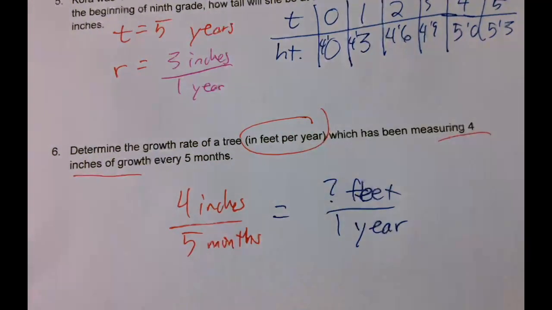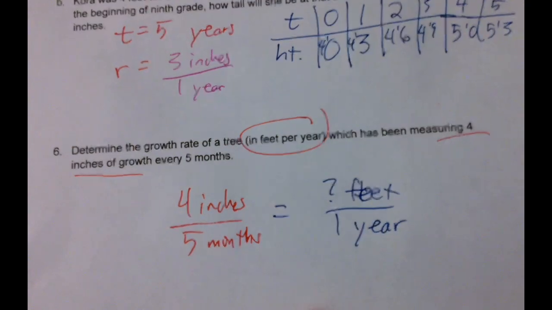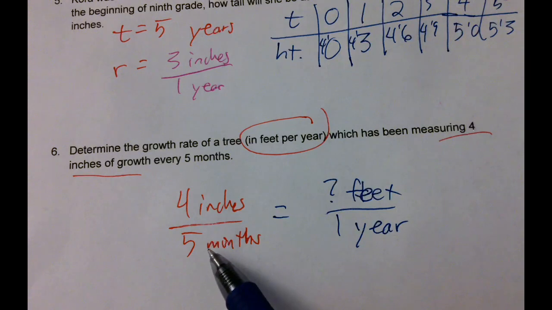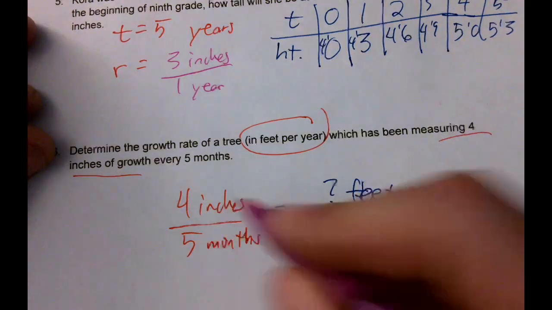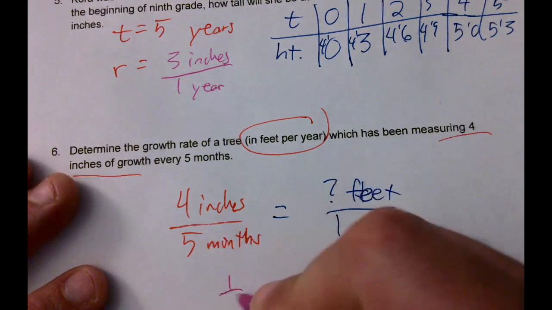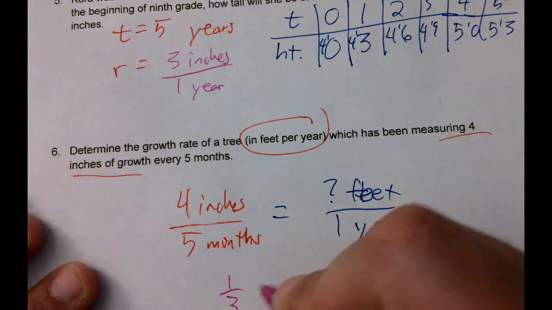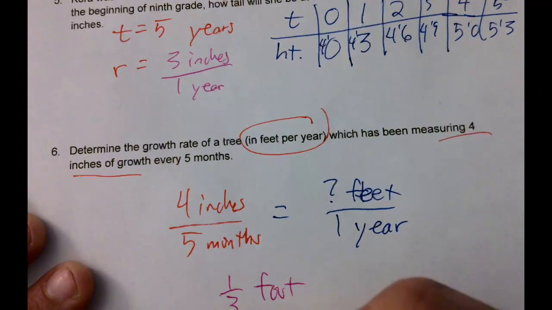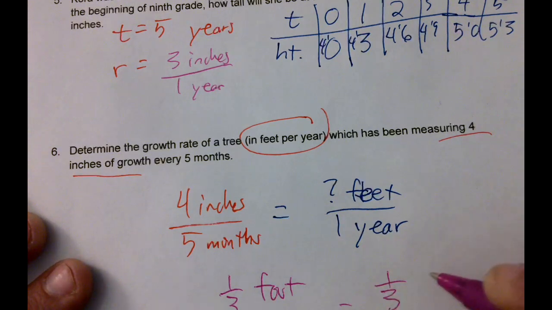They tell us that. So what we've got to do is think, well, yikes. We can convert these. 4 inches is what fraction of a foot? Well, 4 out of 12, that's 1/3. So we can change 4 inches pretty easily to 1/3 of a foot per 5 months. Equals 1/3. I'm sorry, it doesn't.